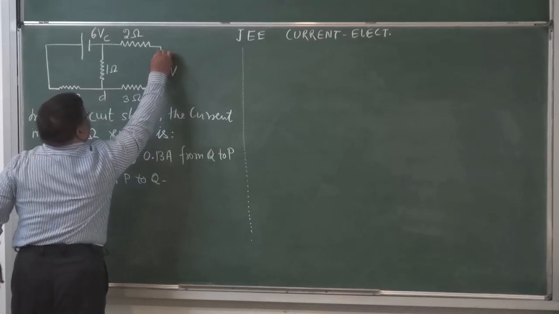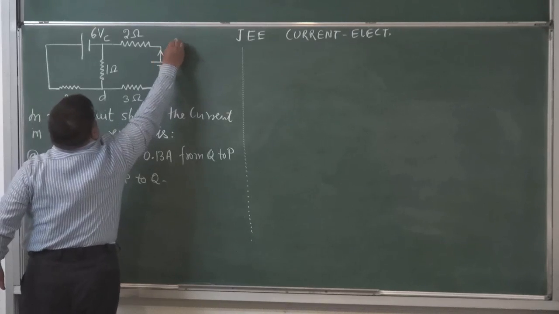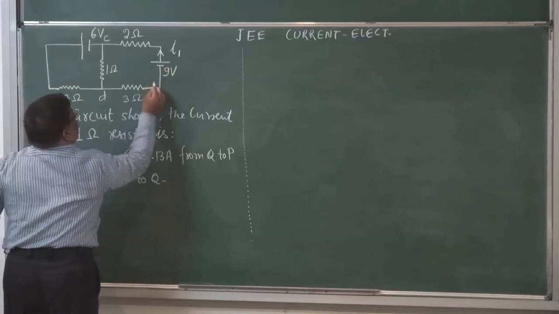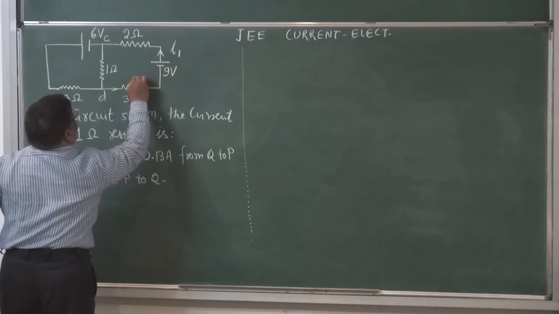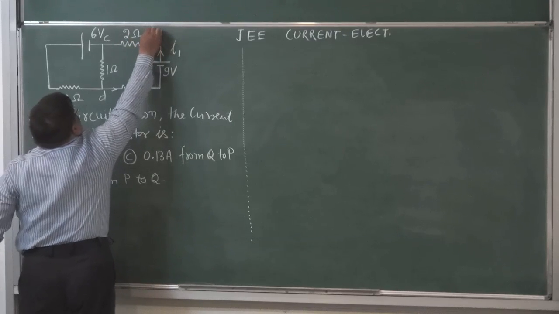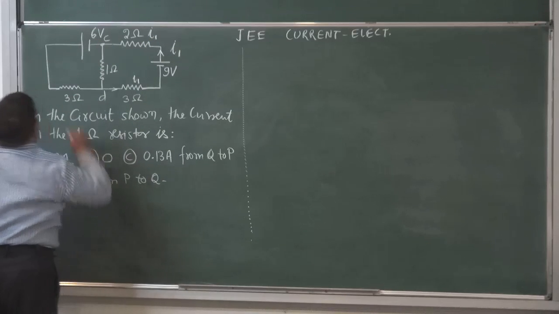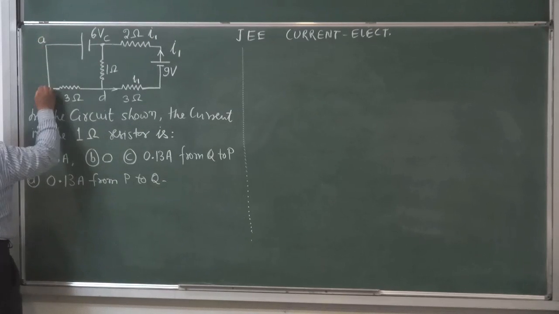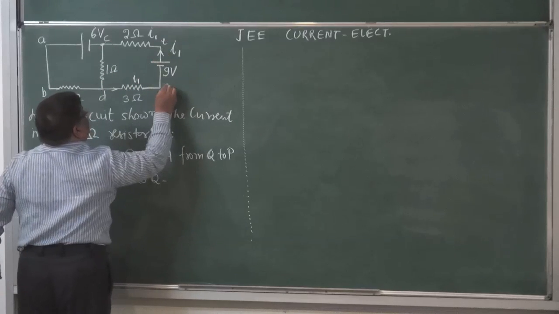From the 9 volt battery there will be 1 current, let's call this current I1. This is the branch which starts from here, so here also this is I1, and this current is again I1 up to this point. I will name them AB, CD and EF.